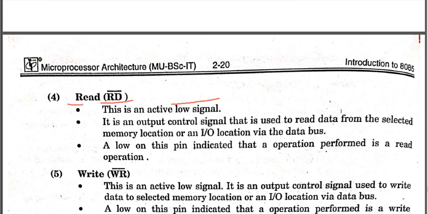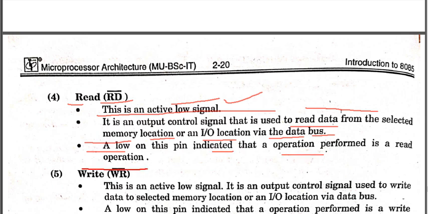So here read means RD bar, which is an active low signal. It is the output control signal that is used to read the data from the selected memory location or the input output location via the data bus. Okay, so RD bar is an active low output control signal with which data is read from a memory location or an input output location.